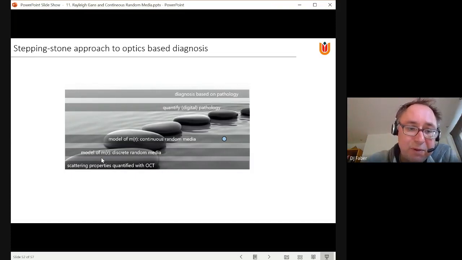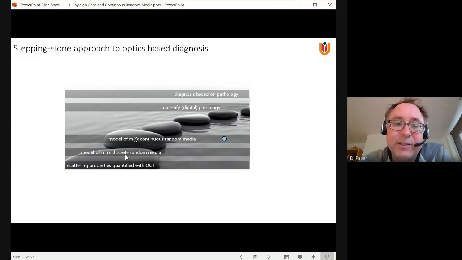So one of the possible models is that you model tissue as a collection of spheres, as this discrete random medium, and we came pretty far with that. We could calculate the scattering properties of a single particle, and with the structure factor and pair correlation function, we could calculate the scattering properties of a collection of particles.